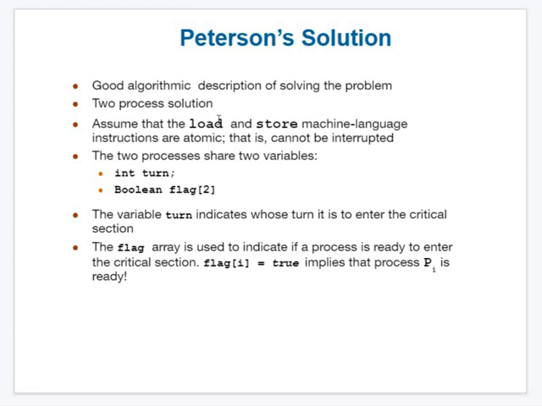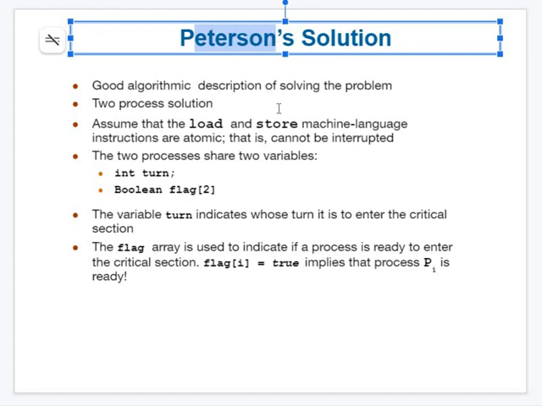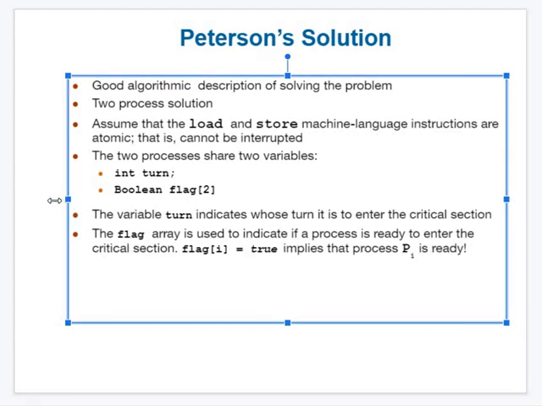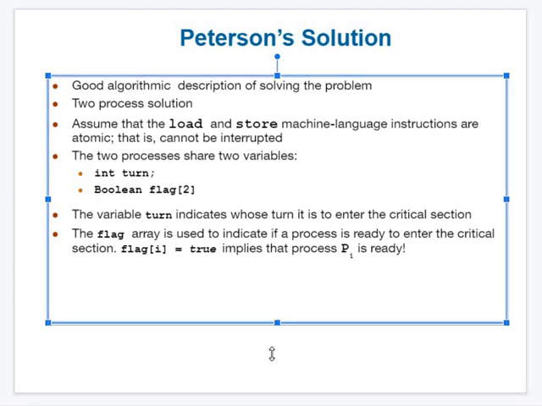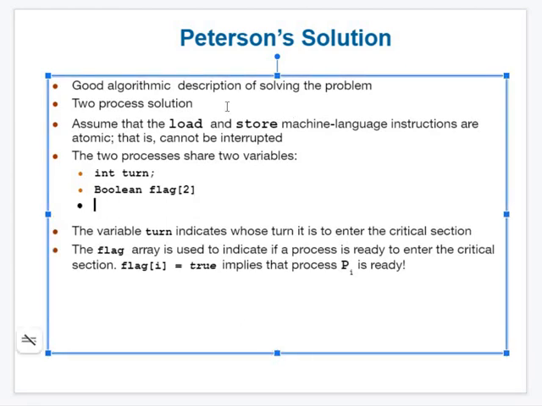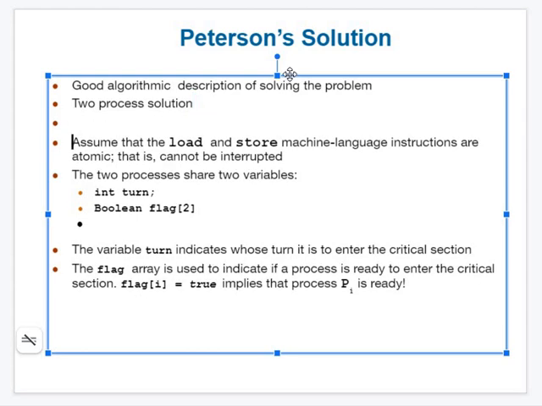Everything is a complex operation. One of the solutions is Peterson's solution. This Peterson's problem is technically a little difficult, so we'll try to analyze it as much as possible and make it simple to understand.